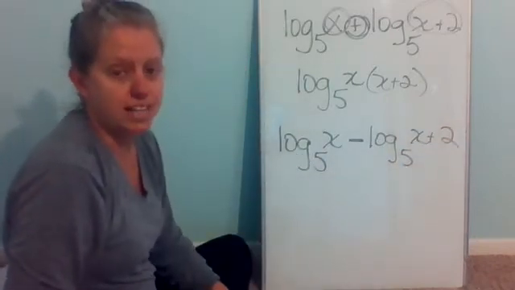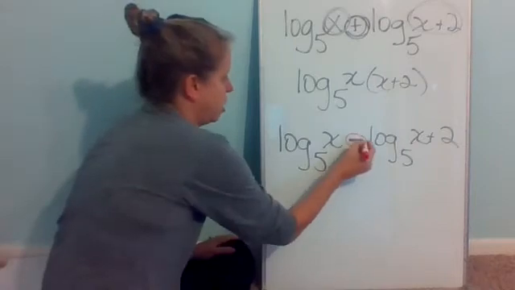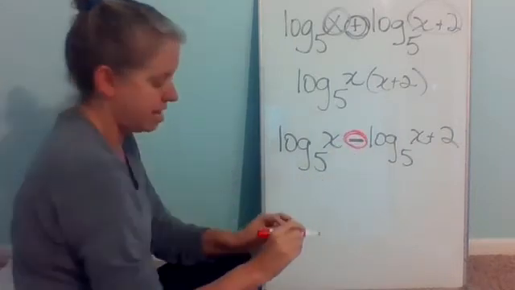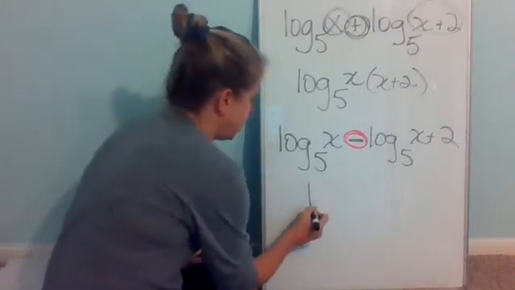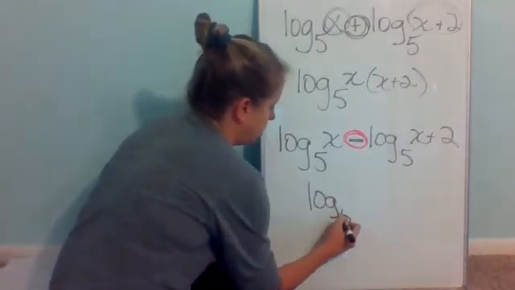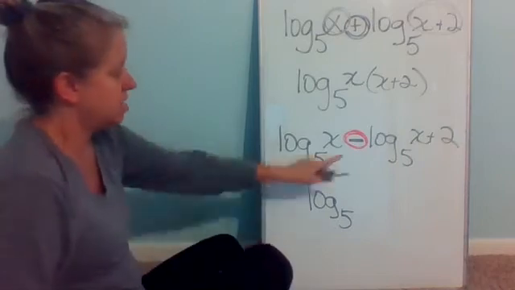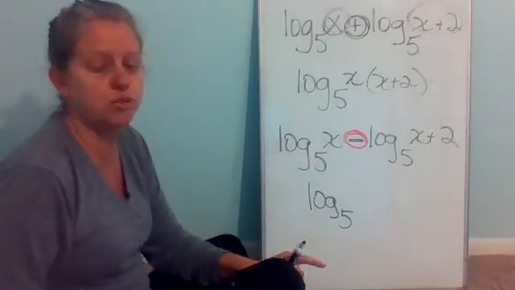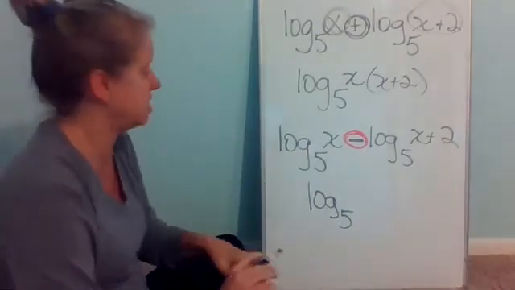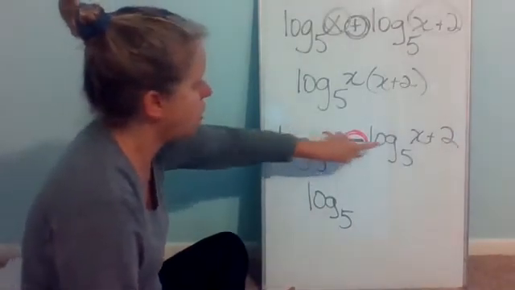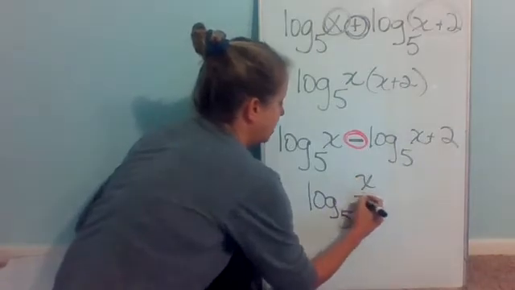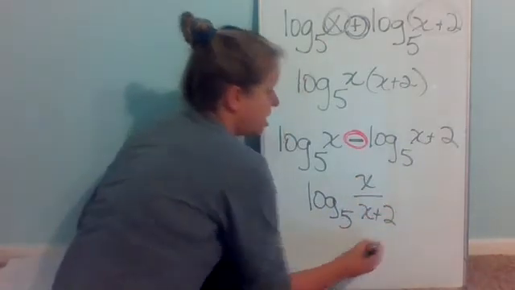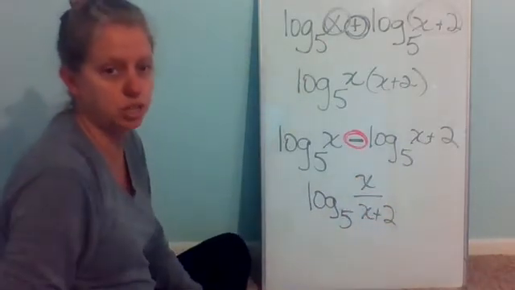And I needed to rewrite that as a single logarithm. If it is subtraction, you could rewrite this as a single logarithm, log base 5. Subtraction turns into division when you're rewriting as a single. This over this. So log base 5 of x over x plus 2.